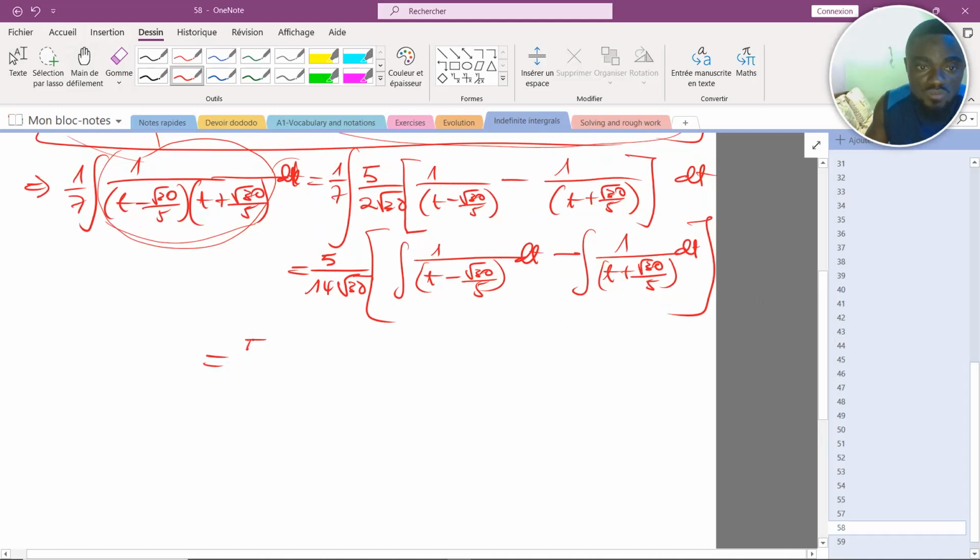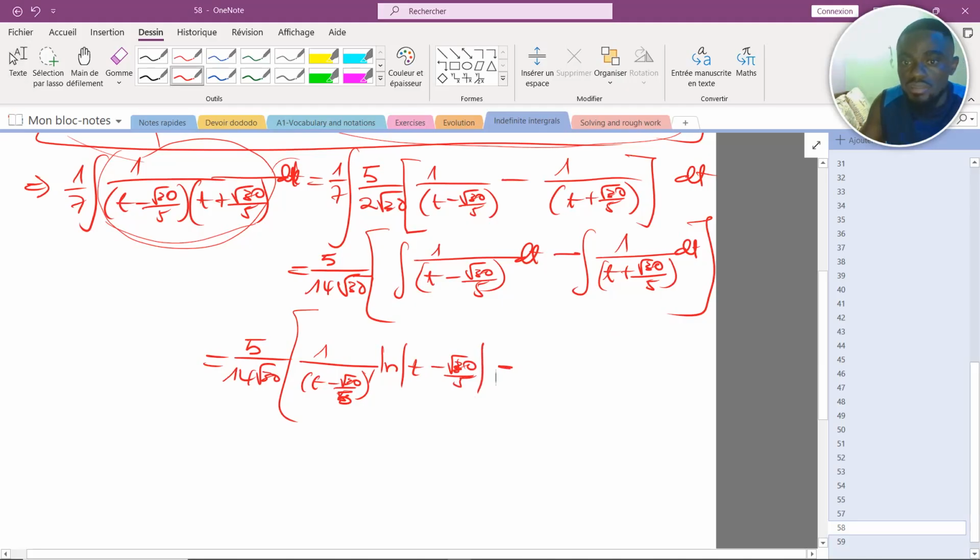So this will be equal to 5 all over 14 root 30 into the integral of this, which gives 1 all over the derivative of t minus root 30 on 5 times ln of the absolute value of t minus root 30 on 5, minus, I integrate this, this will give 1 on the derivative of t plus root 30 on 5 times ln of the absolute value of t plus root 30 all over 5.